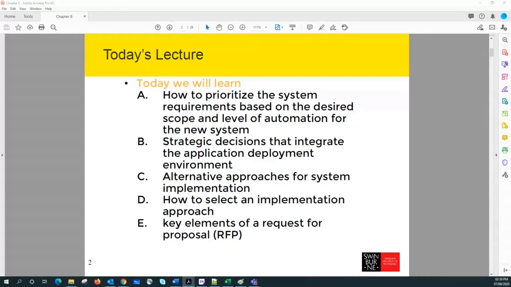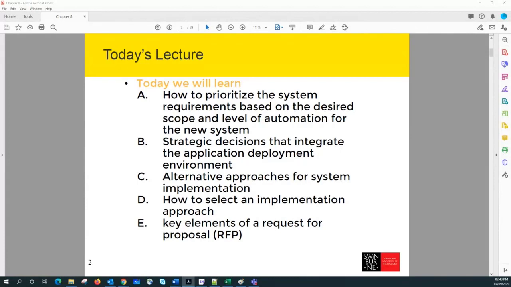This week we are focusing on the other parts. How are we going to prioritize these requirements, and how are we going to generate alternatives for the requirements and different aspects of the project? Then we are going to evaluate these alternatives.